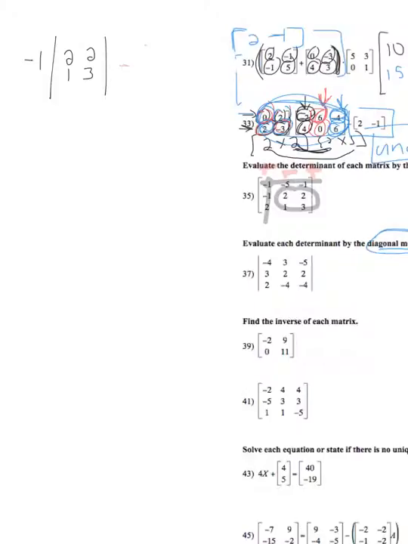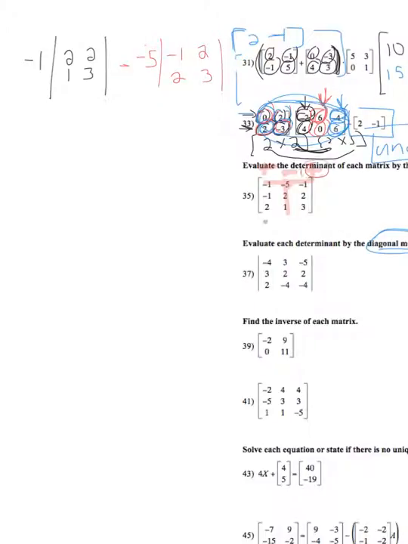So I'm going to say minus, and now I'm going to go, let me get an eraser here. So now I'm going to go this one, so -5, and get rid of its row and column for its mini matrix. So it's minus -5 times the determinant -1, 2, 2, 3.